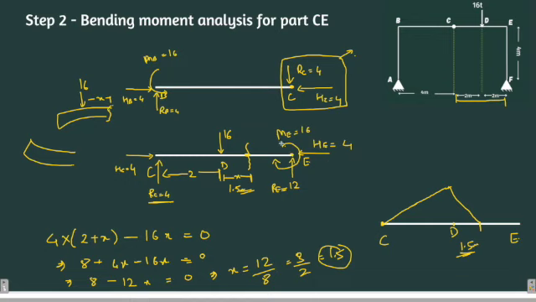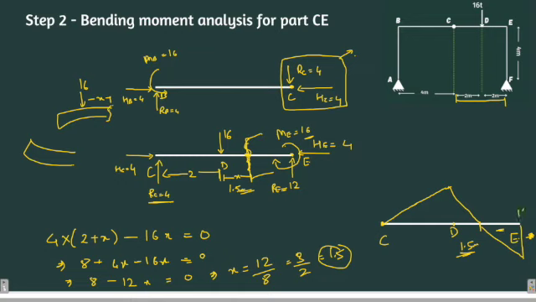And at E, there is a moment of 16 units which is trying to rotate the beam in the hogging direction. If you see the beam from the right hand side like this, so this is trying to rotate the beam in the hogging direction, so this will be negative, and the unit will be 16 units. It will be minus 16.